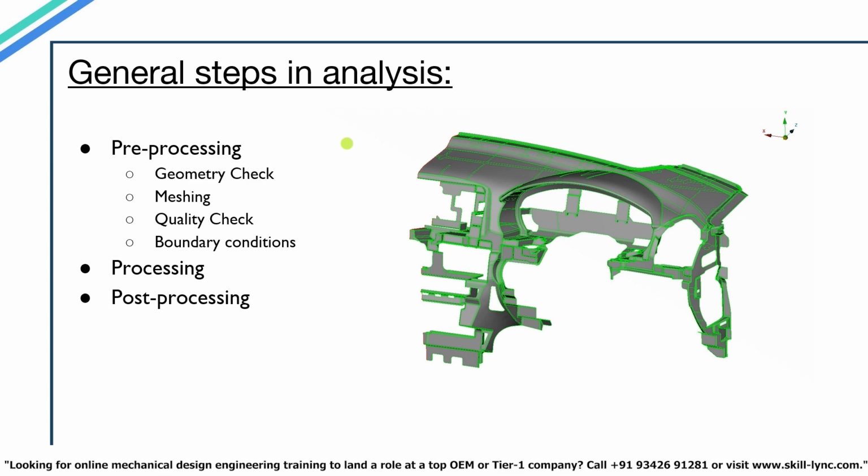After importing the model, we usually perform a quick check to verify that there are no issues with the model. Sometimes when you import a model into a different software, some issues like gaps in the model and self-intersections occur. But most of these issues can be easily fixed using automatic tools in the software.